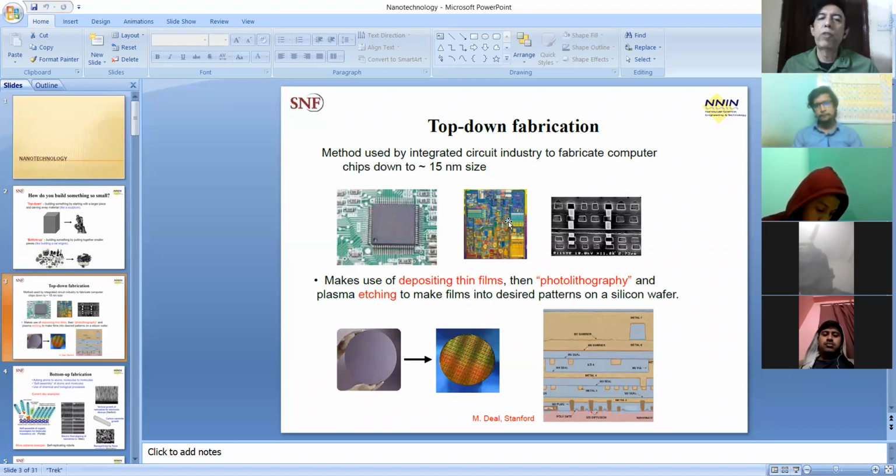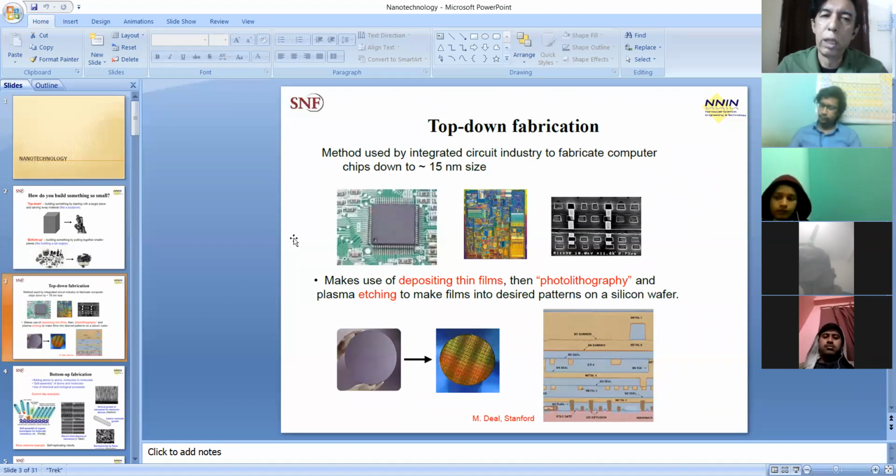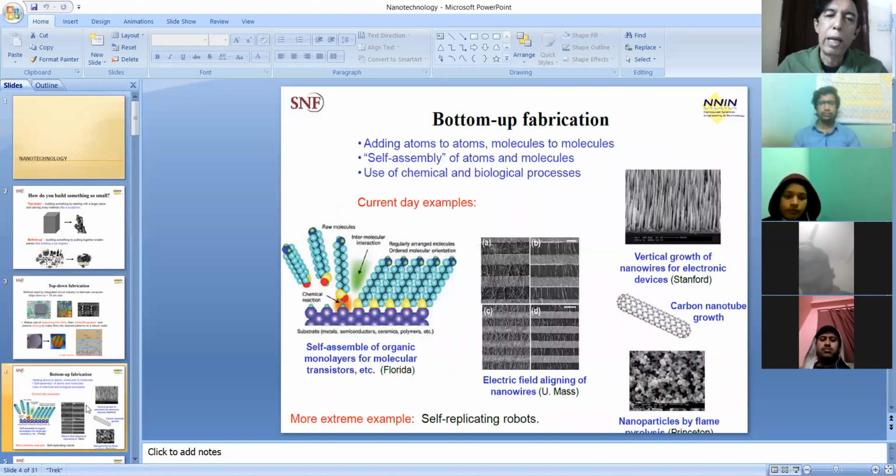There are different types of lithography. Photolithography is very popular. We'll see it later in detail. The top-down fabrication is mainly used here in the circuit industry.